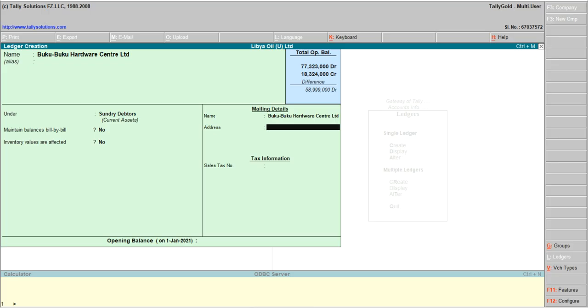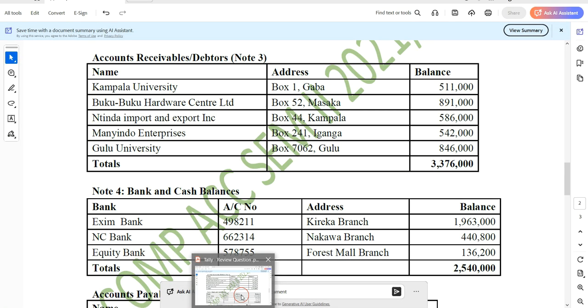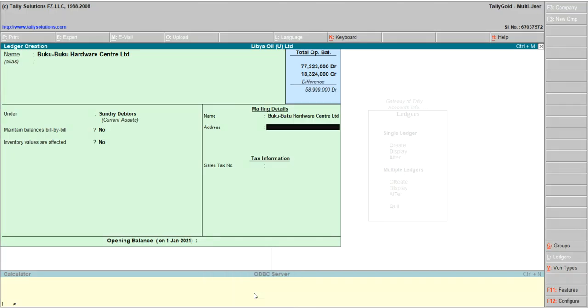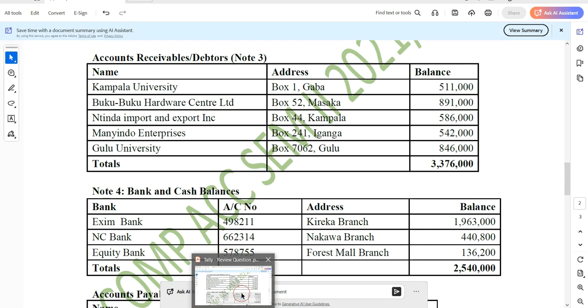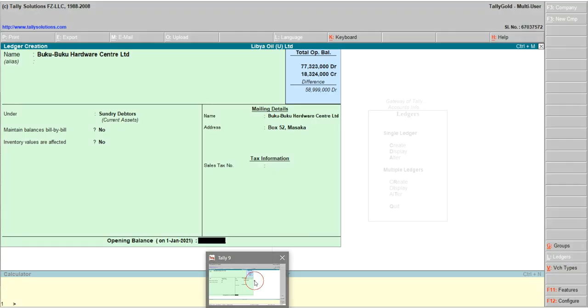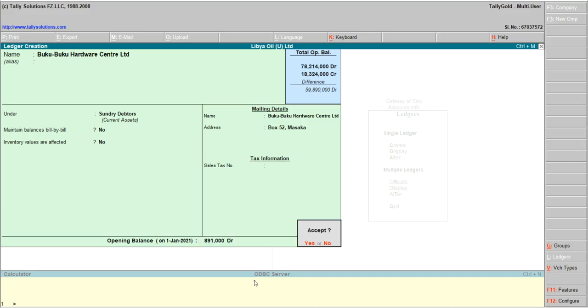The address for Buku Buku is box 52 Masaka. What's the opening balance? The opening balance is 891,000.